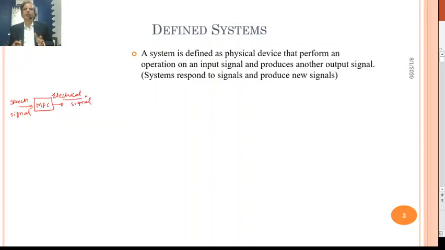Means we can define the system as a physical device that performs an operation on an input signal and produces the new signal.